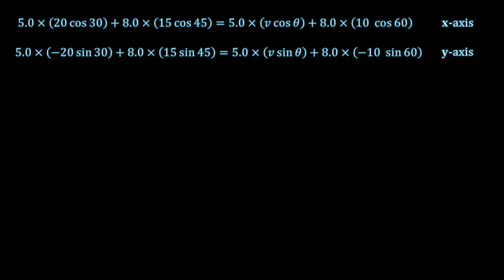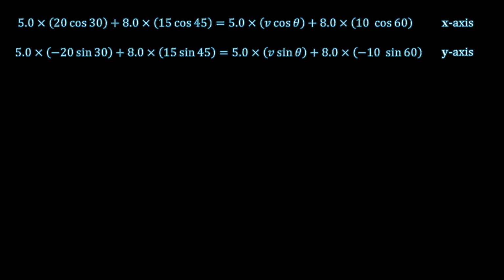Along the y-axis, we have 5.0 times minus 20 sine 30 plus 8.0 times 15 sine 45 equals 5.0 v sine theta plus 8.0 times minus 10 sine 60.